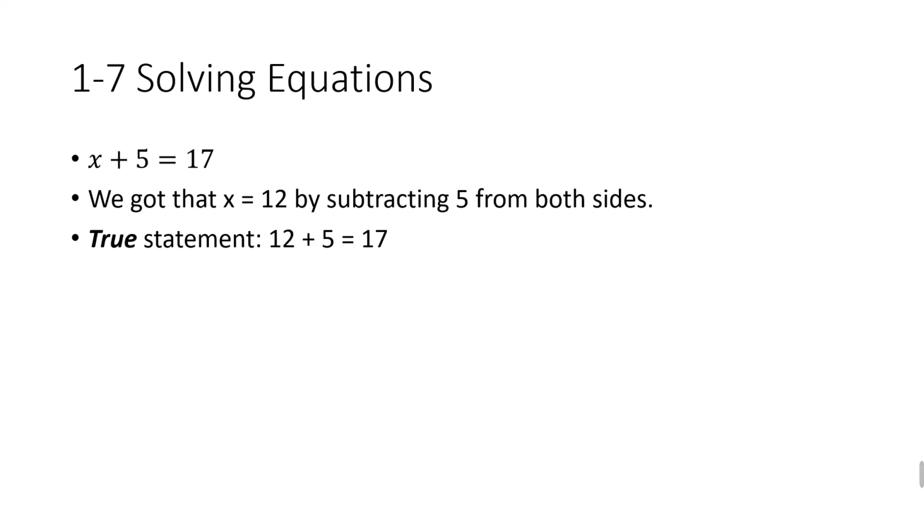If we take the 12 and we plug it back in for x, we get the equation 12 plus 5 equals 17, and we call that a true statement. So you're actually going to want to check your work when you solve equations a lot, and you're going to hopefully get a true statement.